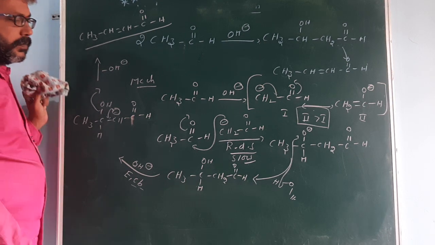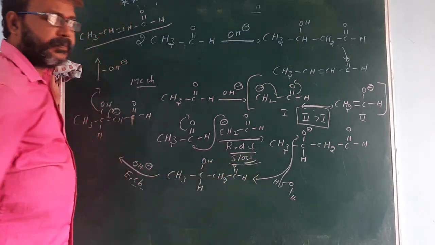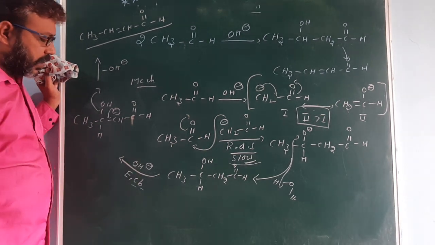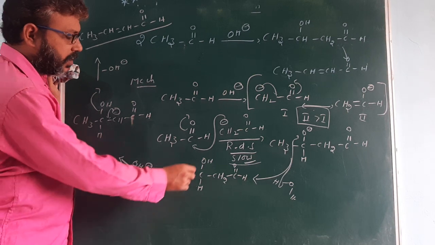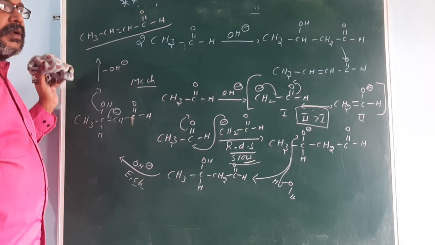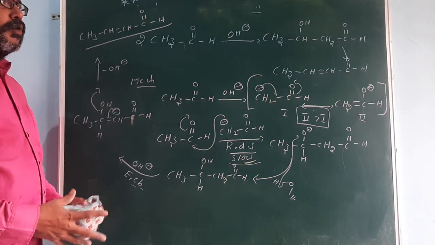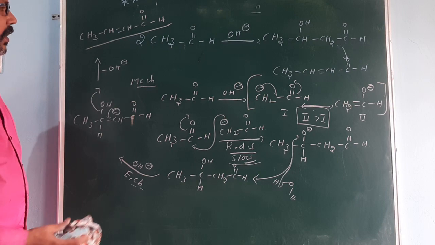You get this product. Here this step is the slow step. So the elimination is E1cB elimination. Why is it E1cB elimination? Because the OH group is a poor leaving group. When the leaving group is poor, the elimination takes place through the E1cB mechanism.